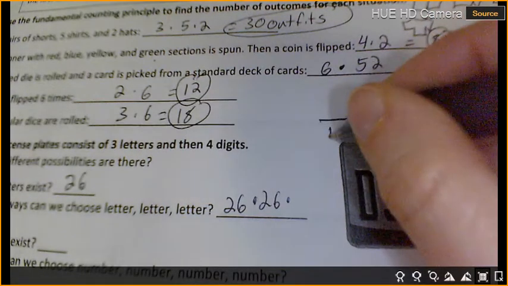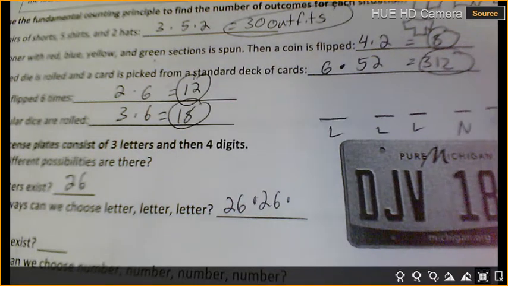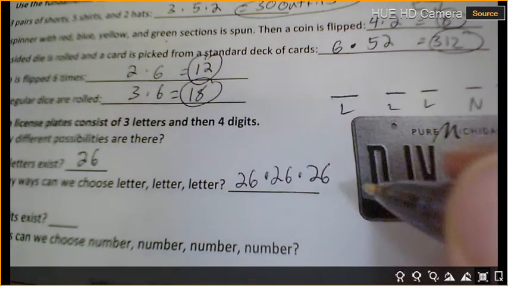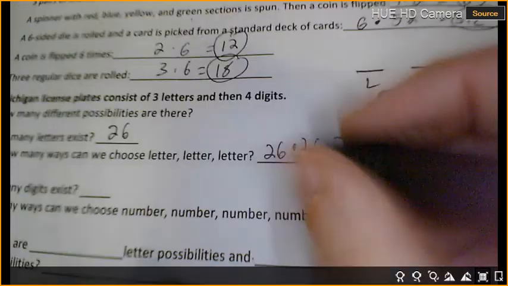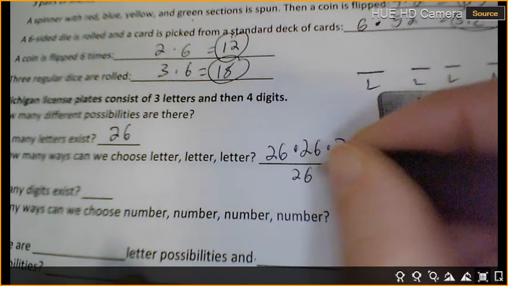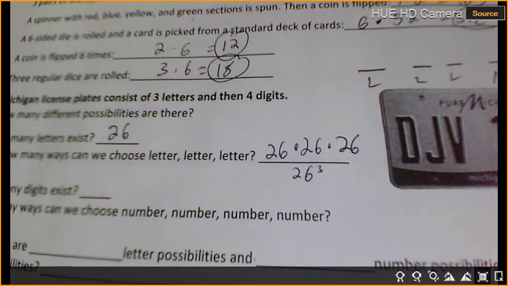You with me? So I've got 26 times 26 times 26, which is the same thing as 26 to the 3rd power, right? You know, mathematicians are all about laziness. The least amount of writing you can do. So instead of 26 times 26 times 26, 26 with a little 3 up top, quicker.